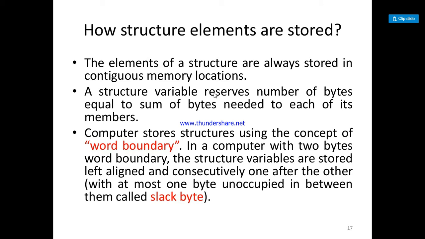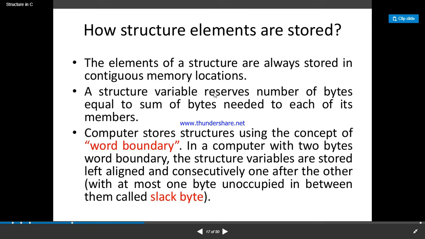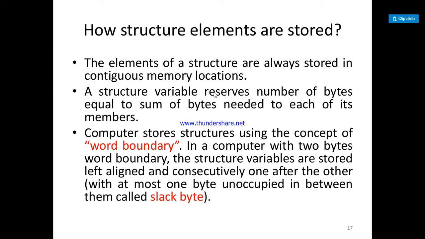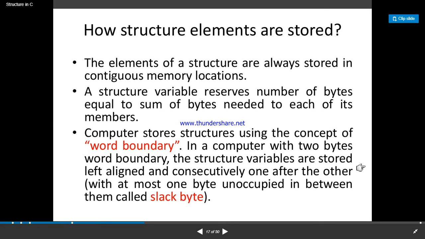A character array of 20 characters allocates 1 byte per character, so 20 bytes, plus the integer variable roll number of 2 bytes, so it allocates 22 bytes of memory to a structure.